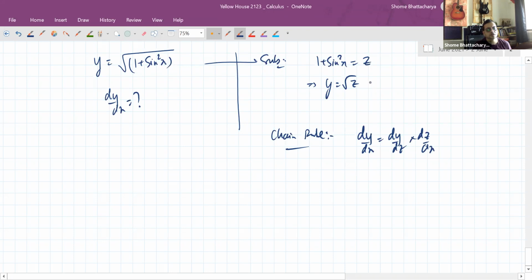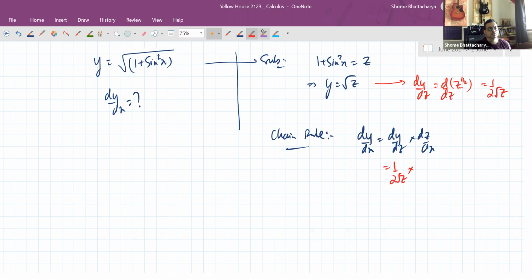So now you can see from this, dy by dz will be just the differentiation of square root of z, or z to the power half. So that is 1 by 2 root z.